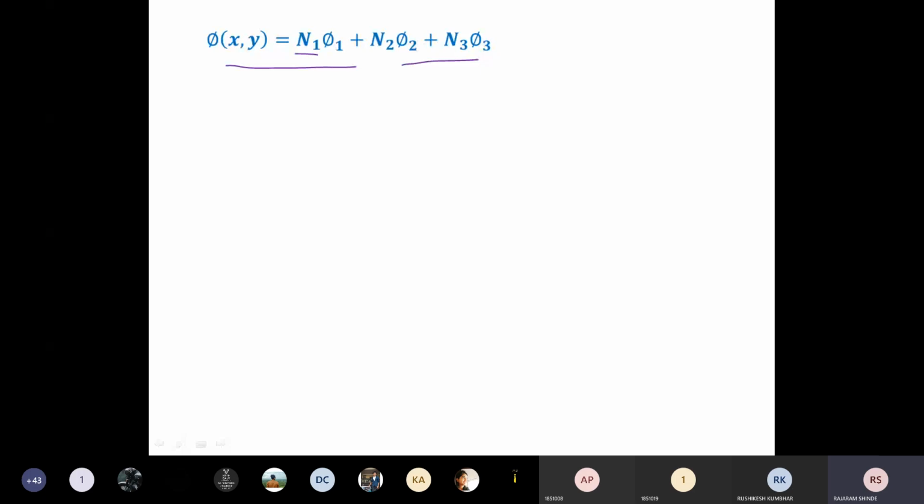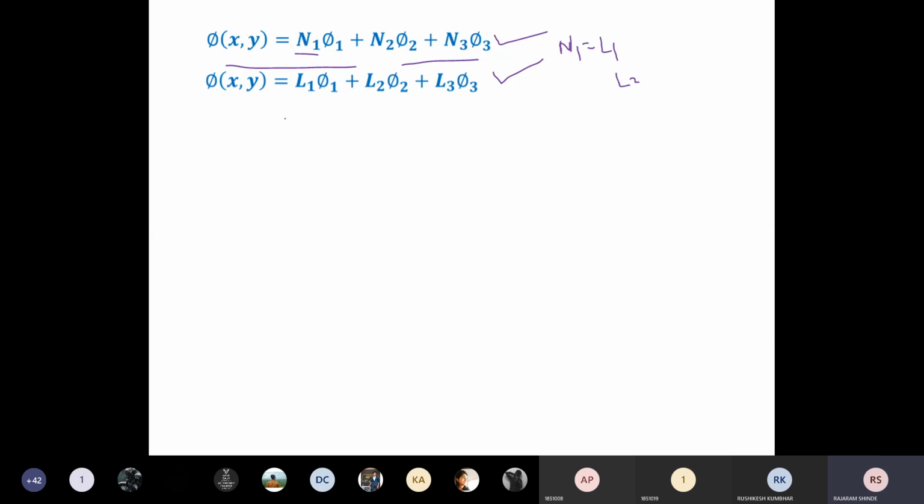Now N1 is equal to L1, N2 is equal to L2, and N3 is equal to L3. So I can write phi is equal to L1 phi 1 plus L2 phi 2 plus L3 phi 3. Now both equations are correct because L1 is equal to N1, L2 is equal to N2, L3 is equal to N3.